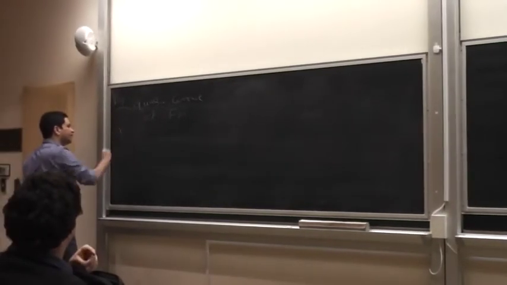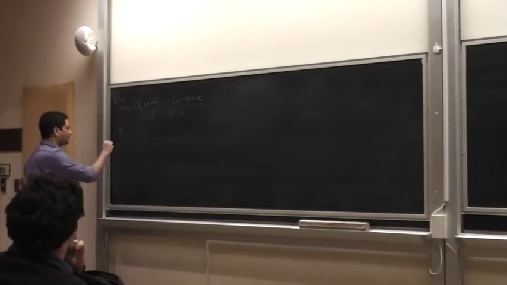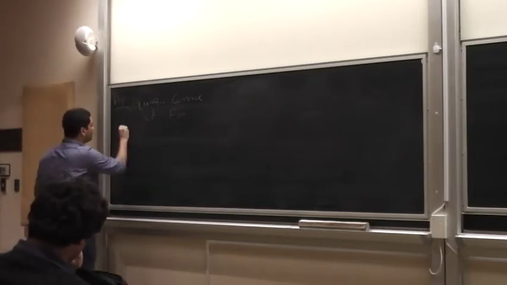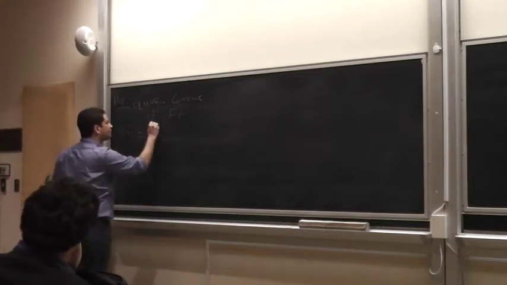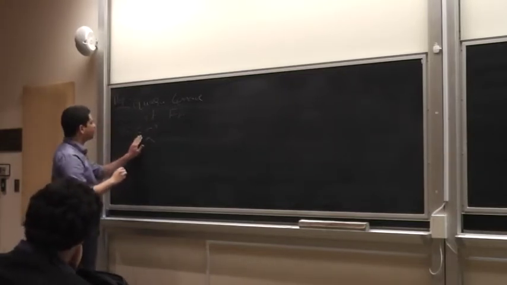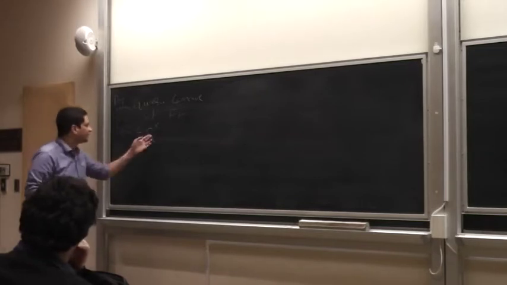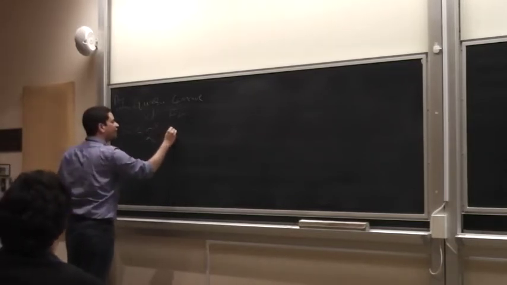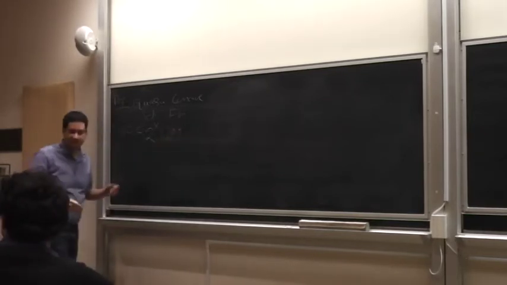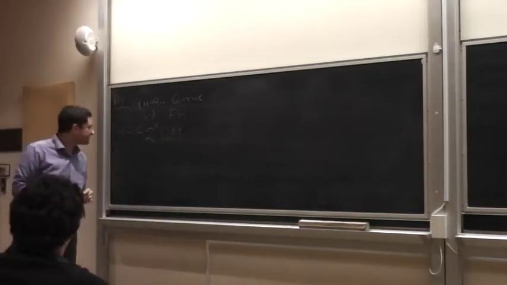X is the ground set that we're working with. And let's assume F is a collection of subsets from the ground set, and this is a proper collection, so it does not include X, the ground set itself. It does not include phi as well, the null set. Okay, so that's the collection.